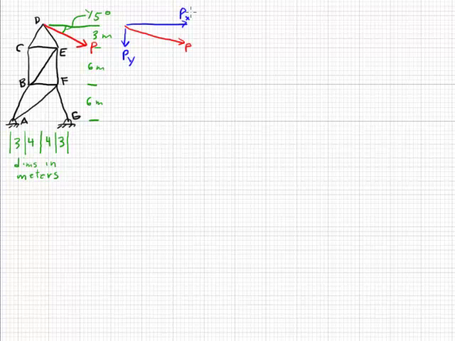And our x component will be P times the cosine of the angle. Py will be the magnitude of P times the sine of the angle.